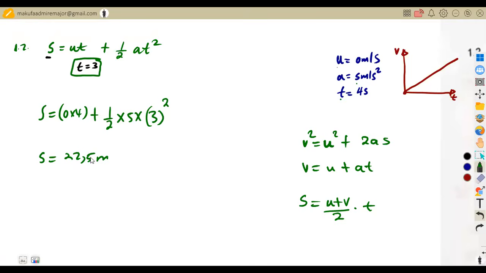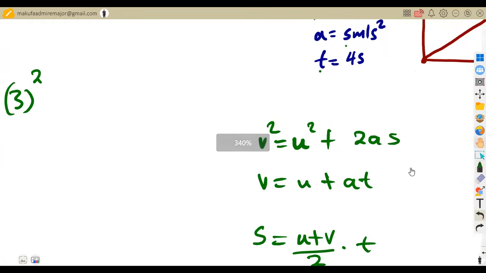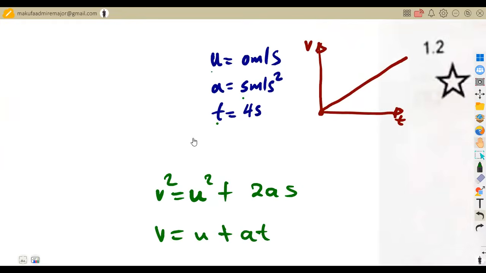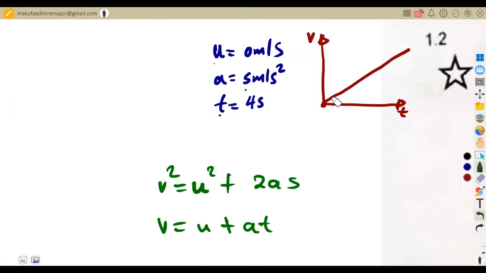Like I was saying, we could have applied the idea of our diagram here. Let me explain from this diagram. If you wanted to work from this diagram, we understand that this is our time, whereby this is at 0.